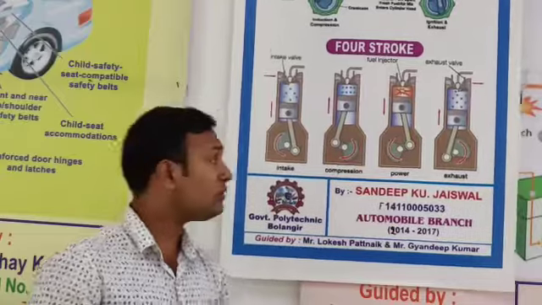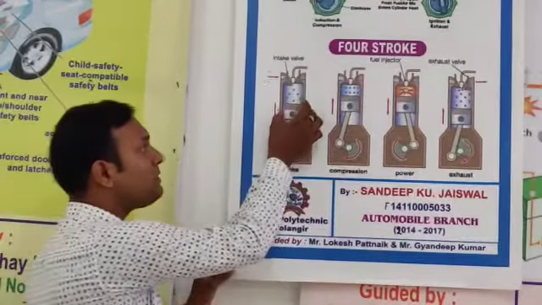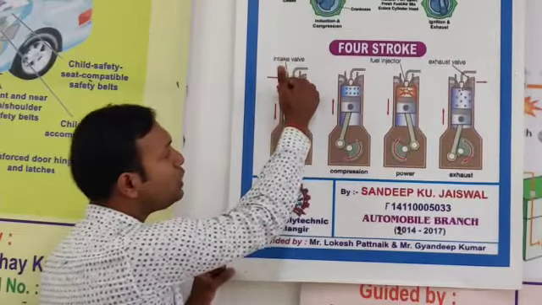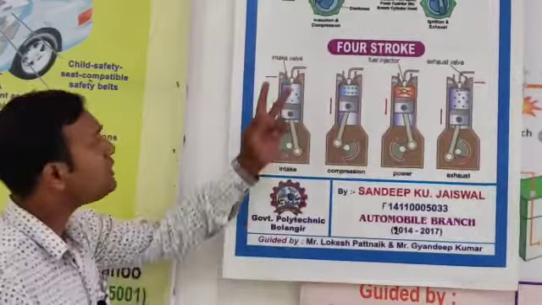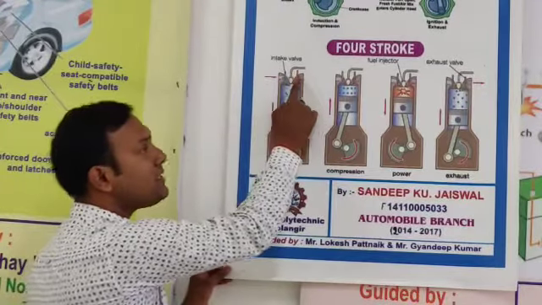In the suction stroke, the piston is coming from the top dead center to the bottom dead center. Actually there are 2 valves, one is the suction valve, that is the intake valve, and the other is the exhaust valve.